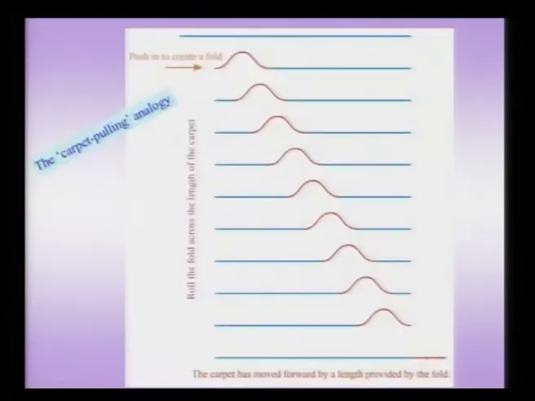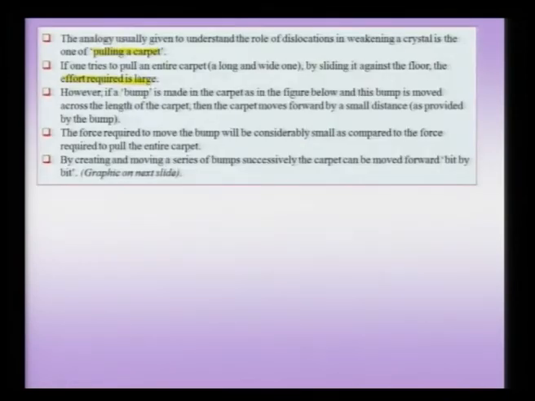Now, the first thing is that I have a carpet and I am trying to pull it onto the right hand side, and I would find that the stress required is very large. The alternative is to create a small fold, which you can see here, shown in red, and then this small fold or bump can be moved across the length of the carpet.